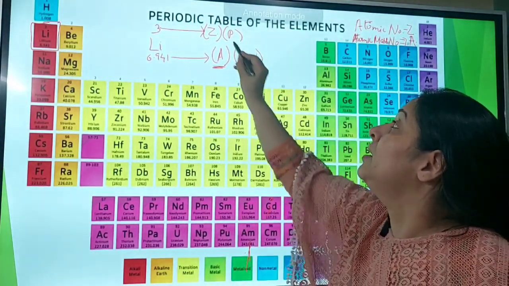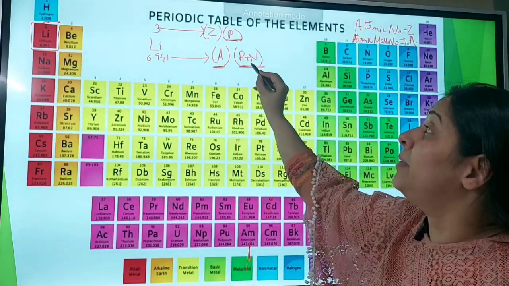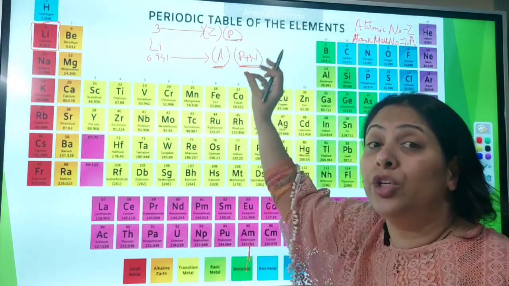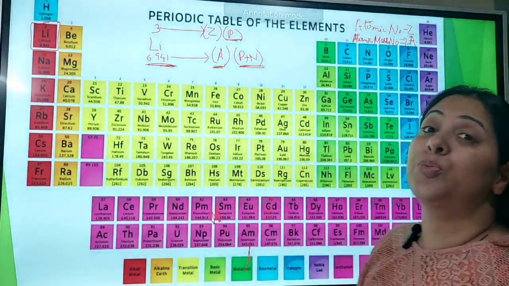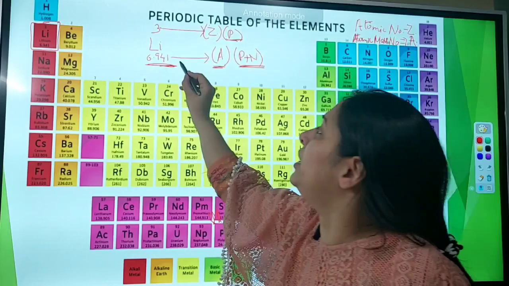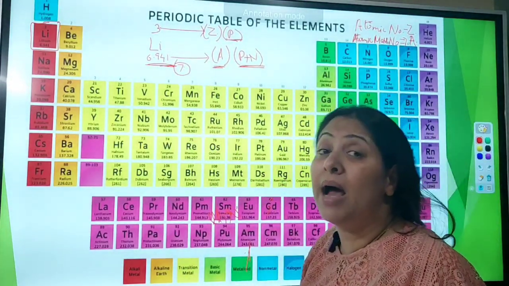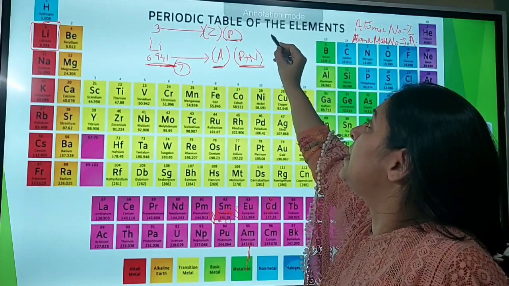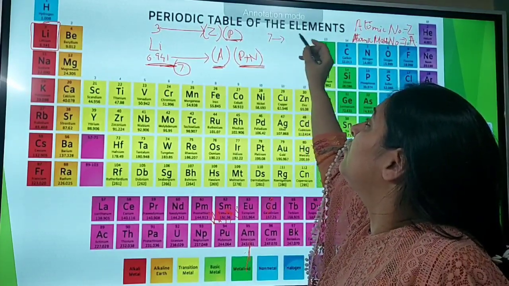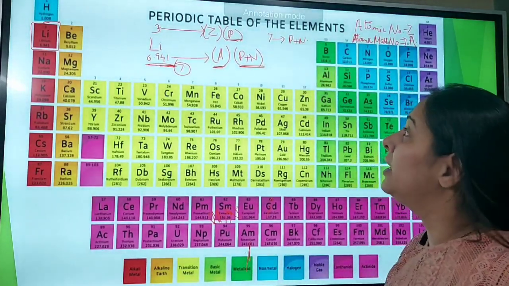Atomic mass number tells me the total count of protons and neutrons. So this 6.9, can I round it off to 7? So 7 is the atomic mass number. So if 7, the atomic mass number, gives me protons and neutrons, correct?